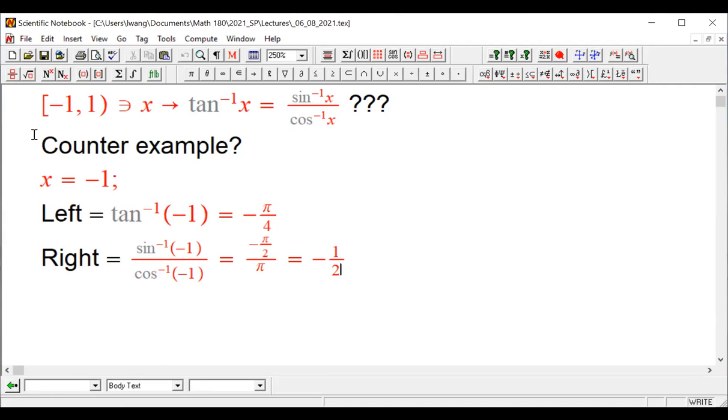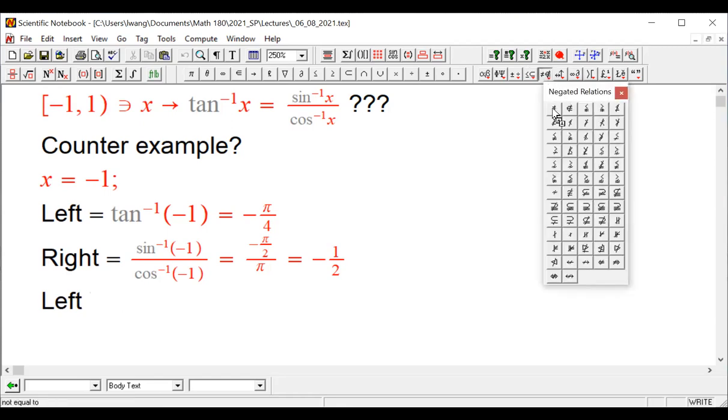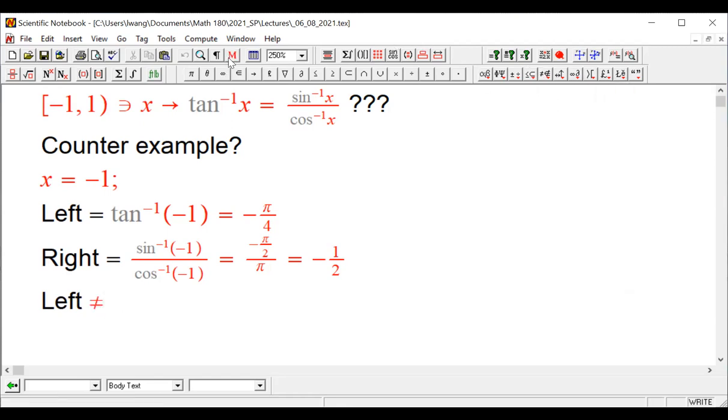So even under the most stringent circumstances, we just randomly pick an easy example, and left is not the same as right. Think about that.